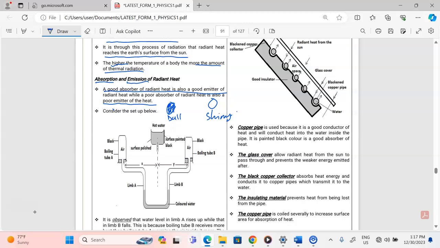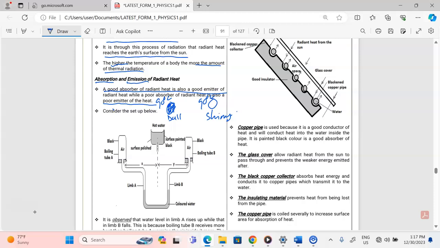If you leave the two objects, let's say at 90 degrees Celsius each, then give them some 20 minutes and come to measure their temperatures after they have been cooling, you will discover that the dull object is at a lower temperature than the shiny one.